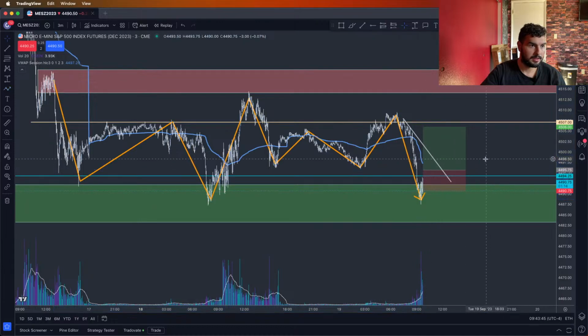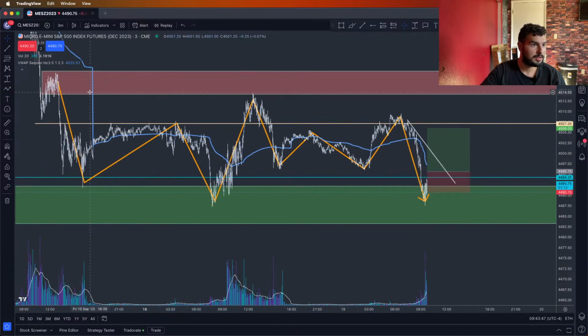So now we're back there. We have a low, a high, a lower low, but then we made a higher high, and then a higher low. Not a higher high, this is a lower high.